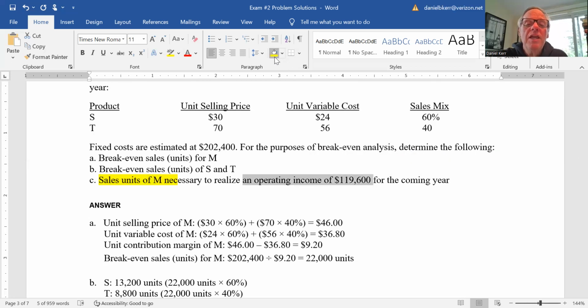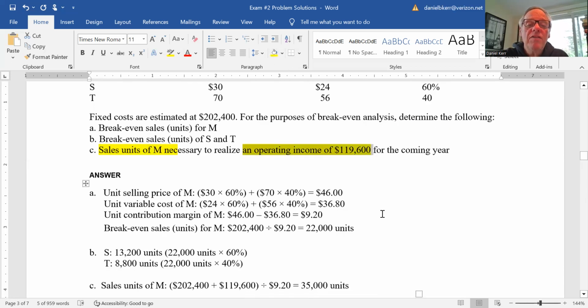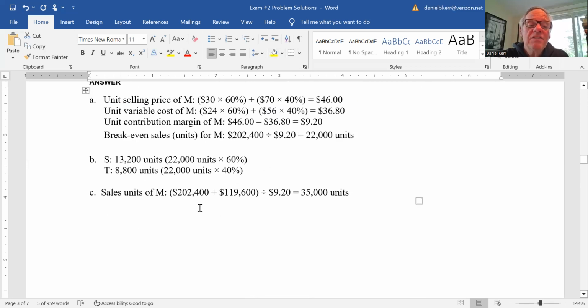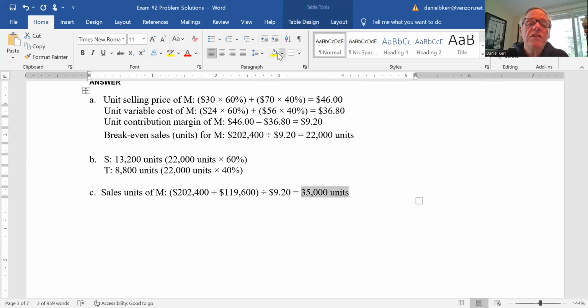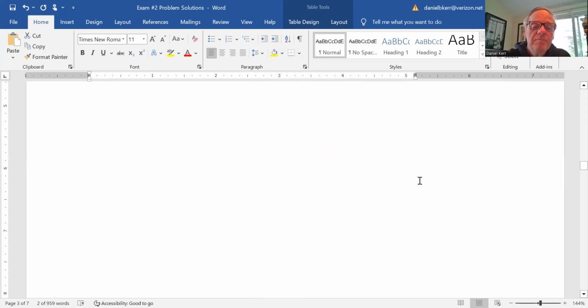So you not only want to break even, you want to actually have an operating profit. You take the break-even point plus the targeted profits divided by the contribution margin per unit of the composite units, and you come up with 35,000 units you would have to sell to achieve a target profit of 119,600.